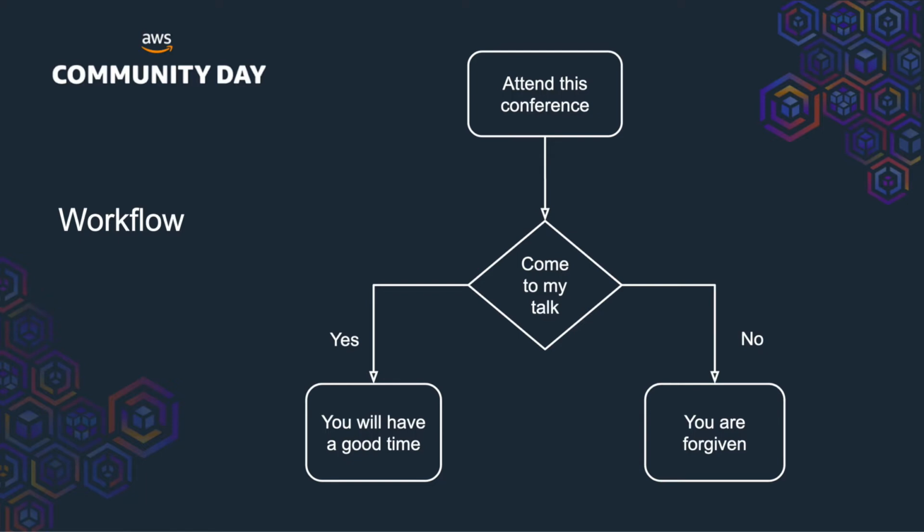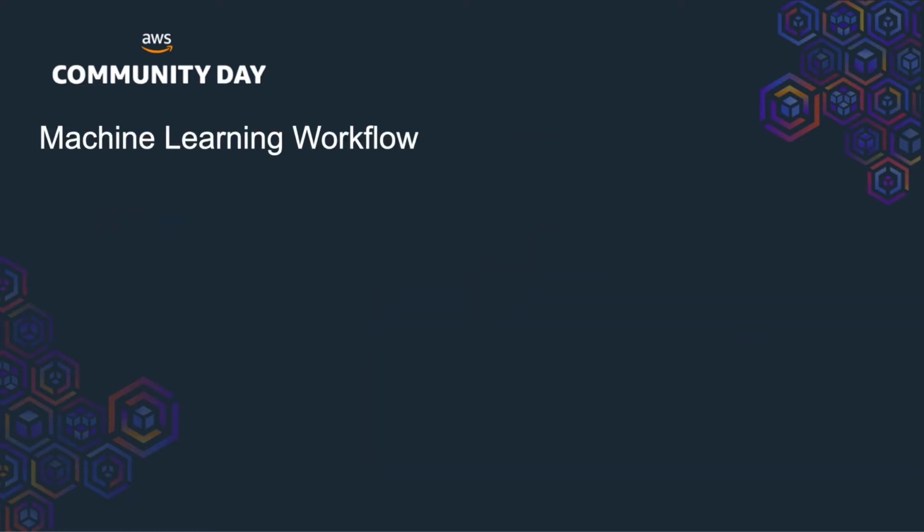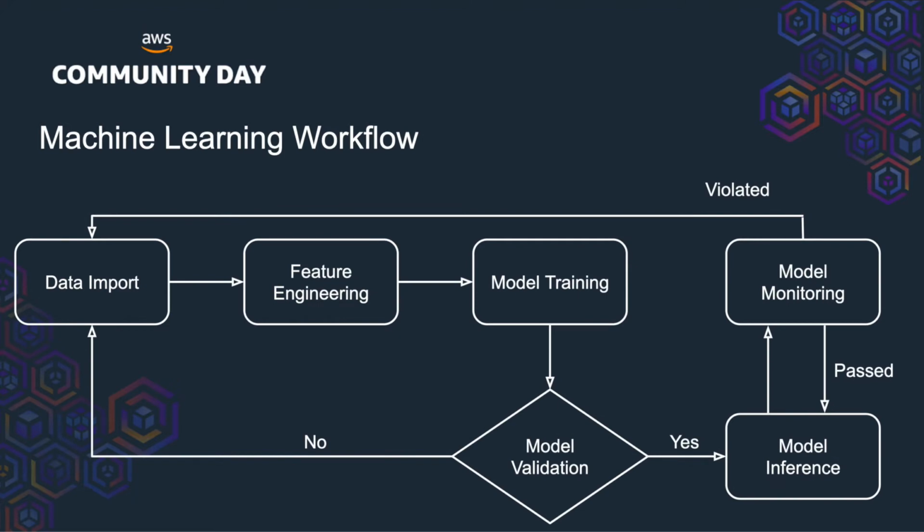If we expand this workflow a little bit more in a machine learning context, then we will have a machine learning workflow, and it generally looks like this. So we have a data import block or components to import the data, and then a feature engineering component to extract features from the input data.